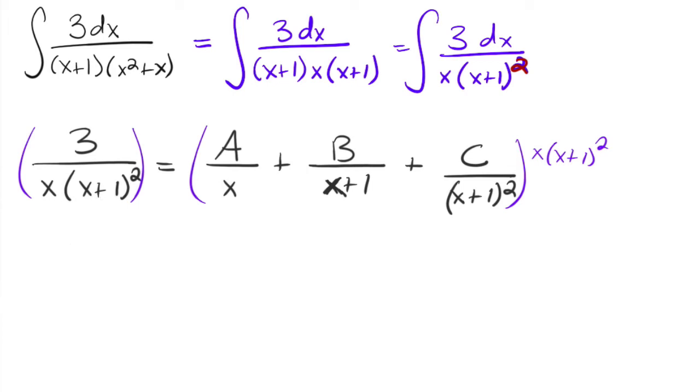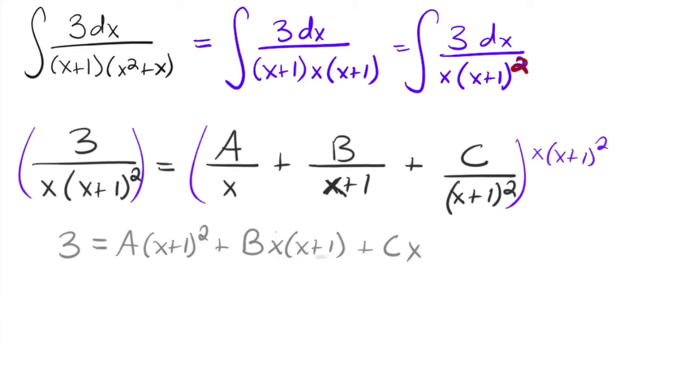So in that case, we would get that 3 is equal to a times x plus 1 squared plus b times x plus 1 plus c times x. Okay, now we're going to use the same method that we used in the previous problem, where we start zeroing these out.